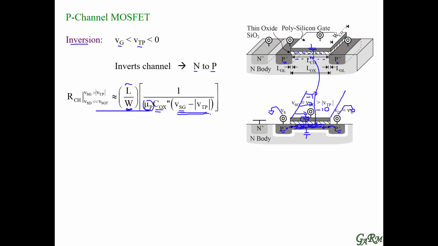But just to make the numbers positive, instead of looking at just the gate voltage, we're going to look at the gate voltage with respect to the ground, and in this case to this voltage here.